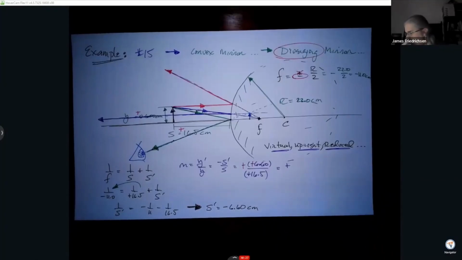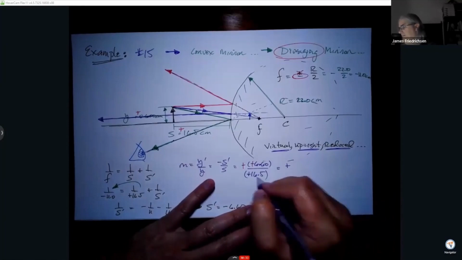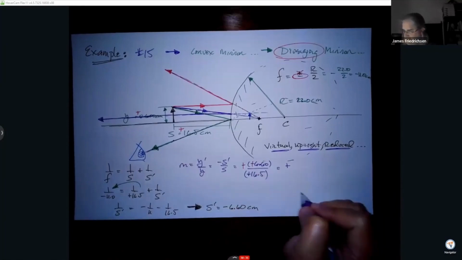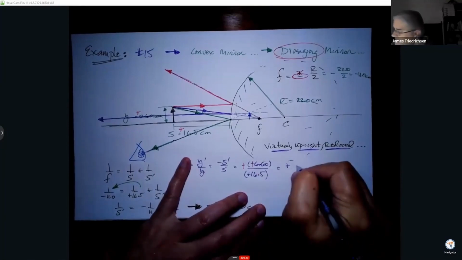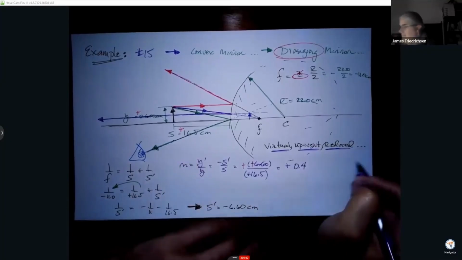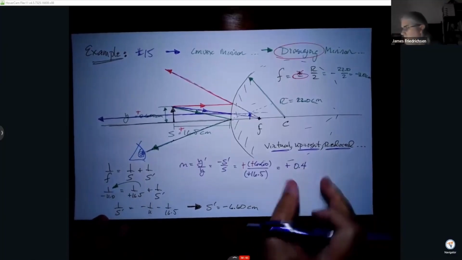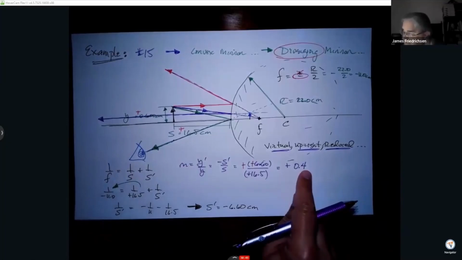So this is a 0 point something, smaller than half, right? Because a half would be 8.25, but 6.6 is bigger, but it's less than that. So 0.4. And then notice that this is centimeters over centimeters, and so those just cancel. So magnifications don't have any units.